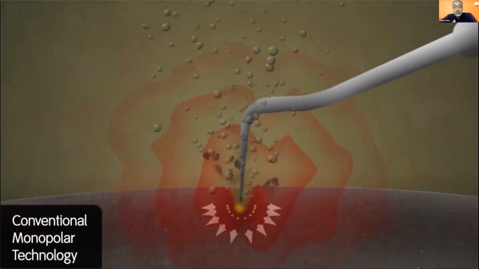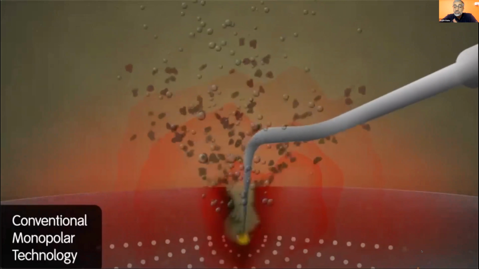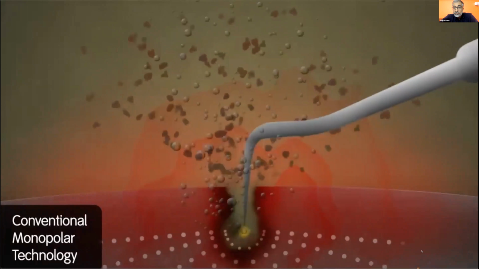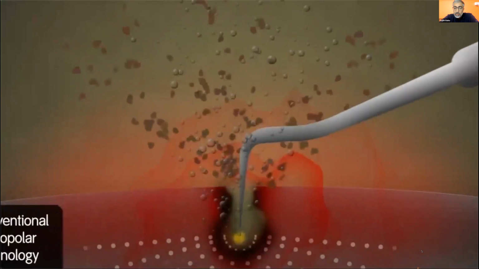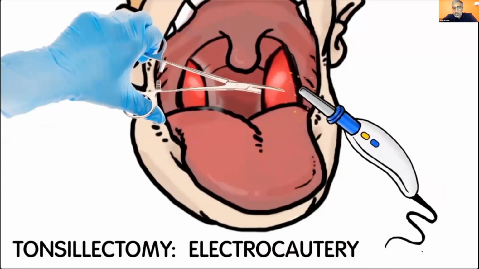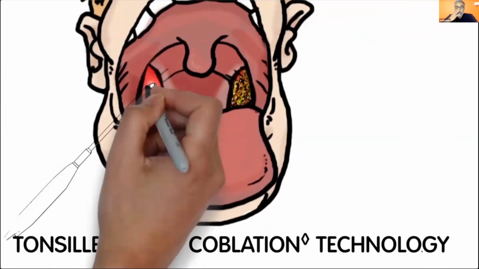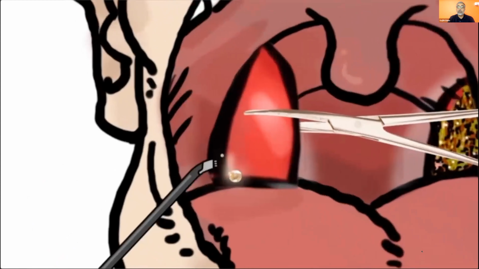Now, this is what our usual conventional monopolar cautery does. It produces lots of heat energy, about 400 degrees Celsius, and as we all know, it produces thermal damage. Once we cut with cautery, it produces some charring also.